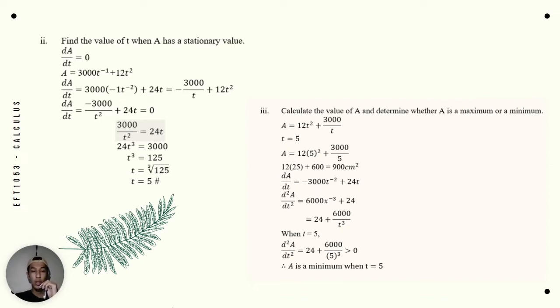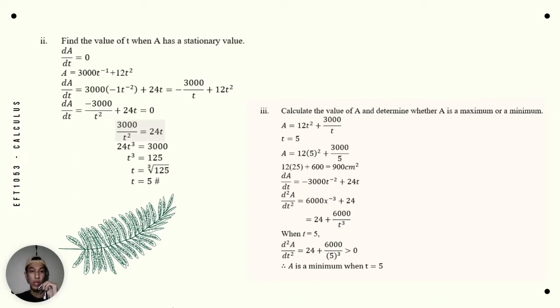For the third question, we need to calculate the value of A and determine whether A is a maximum or a minimum. A equals 12t² plus 3000 divided by t, and t is 5 as we got in the second question.